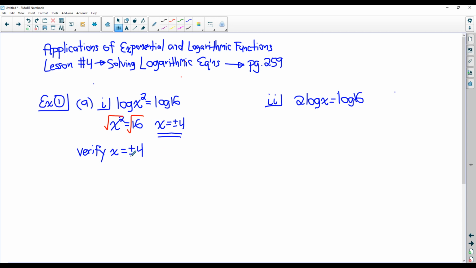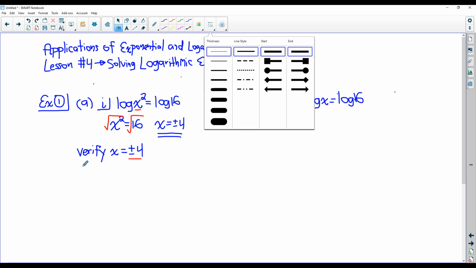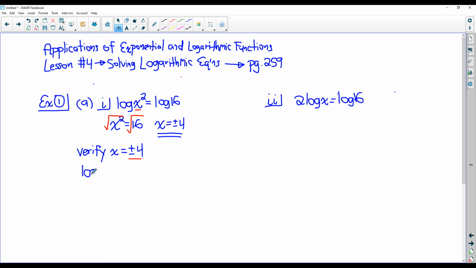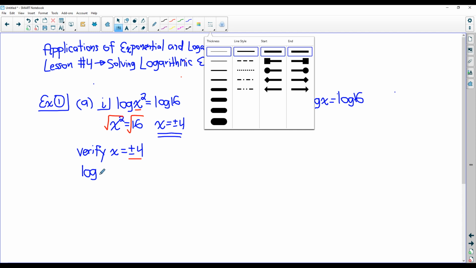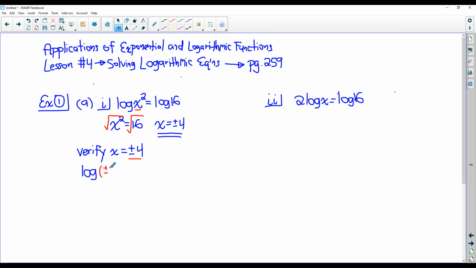The way to do that, again, is to take it and plug it back into the original equation. So what this would look like is you'd have log, and in the place of x, I'm going to replace it with plus or minus 4, all squared, would be equal to log of 16.